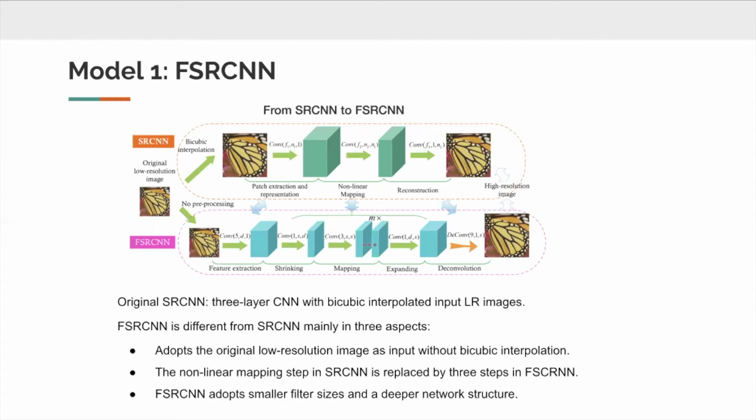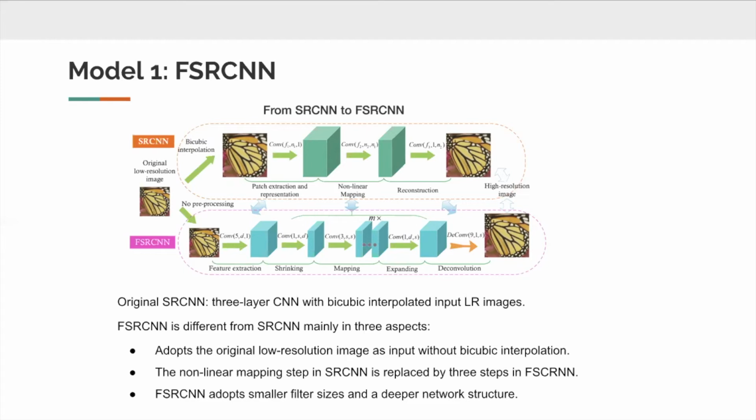The original SRCNN is a simple three-layer CNN with bicubic interpolated inputs. The fast SRCNN is different from the original model in three aspects. First, we adopted the original low-resolution image as input without any interpolation. A deconvolution layer is introduced at the end of the network to perform upsampling.